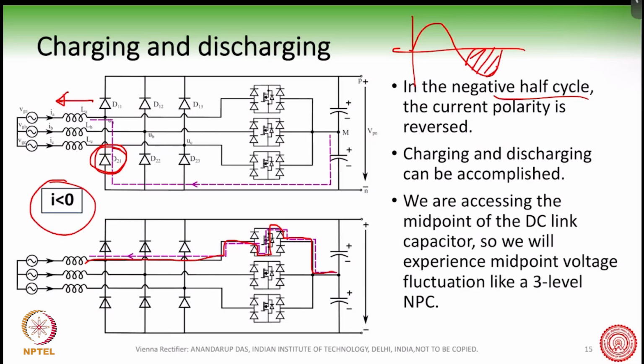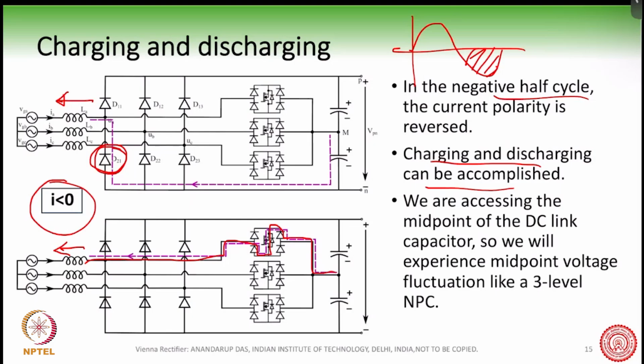Okay, so therefore charging and discharging can be accomplished, right? So here you can see sometimes the inductor will get charged and sometimes the inductor will get discharged. The current is flowing in this way.